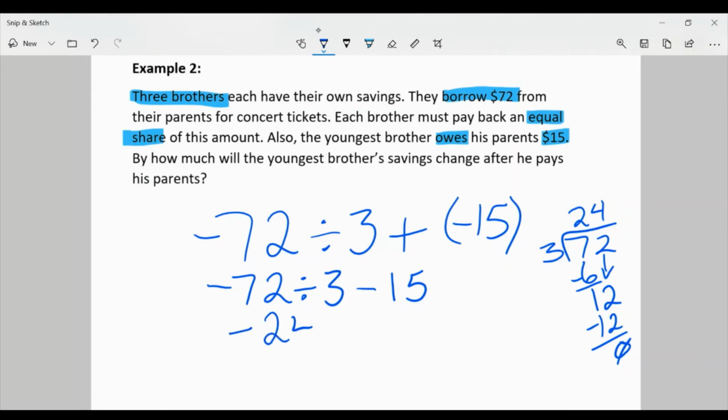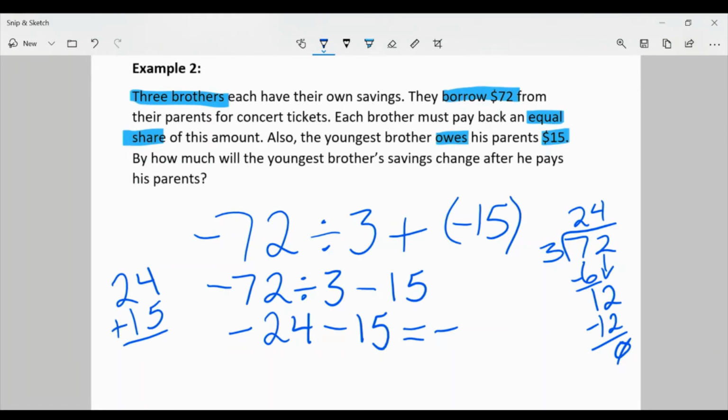Negative 24 minus 15. So now we can combine these together, right? They're both negative. They have the same sign. So we add them and keep the sign. So I know this is going to give me a negative answer, but I'm going to go ahead and add the absolute values over here on the left side of the screen.